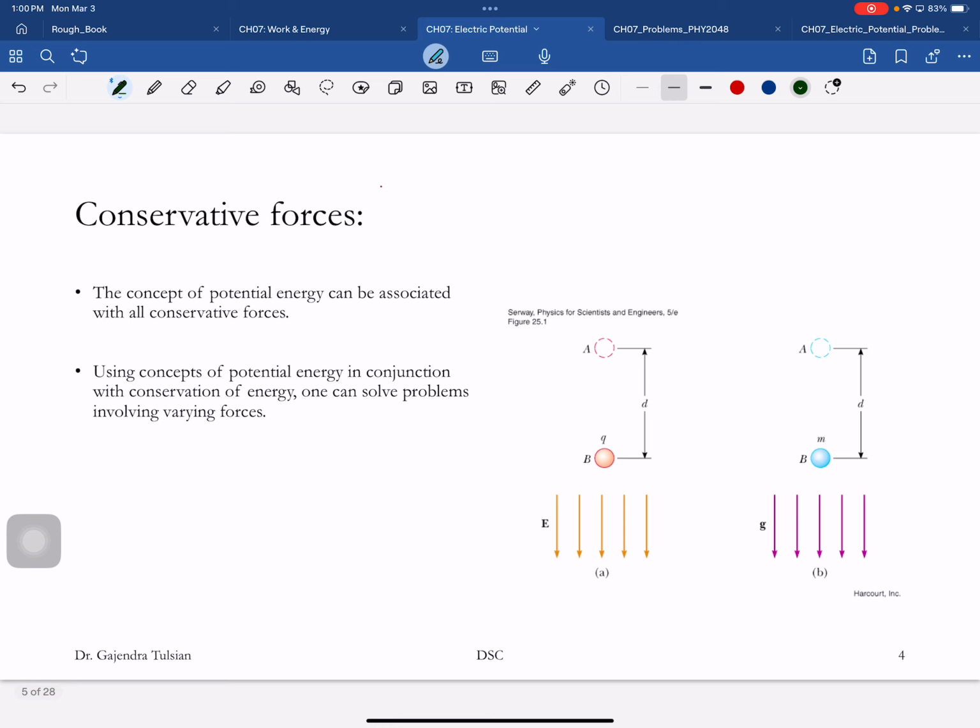All right, so what are conservative forces? The work done by these forces is path independent.